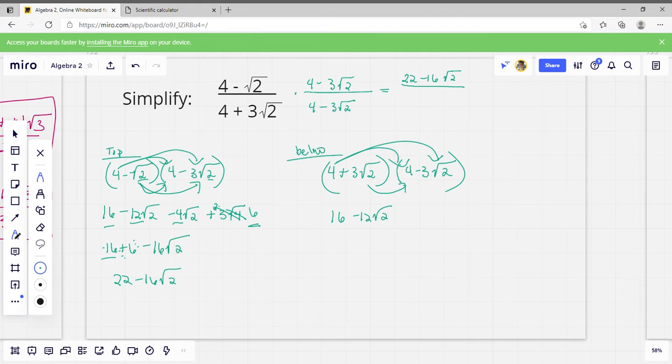We're going to go here. 3 times 4 would be positive 12 times the square root of 2. And then we're going to multiply here, and we're going to get 3 times 3 is 9 times the square root of 4. Those cancel, and we're going to have 16 minus 9 times the square root of 4.